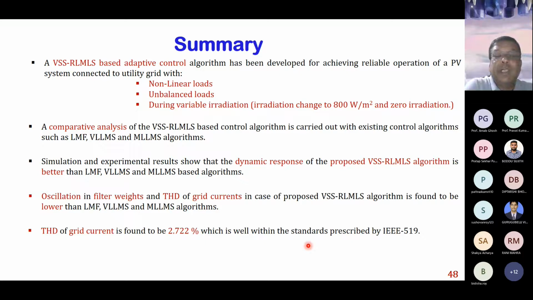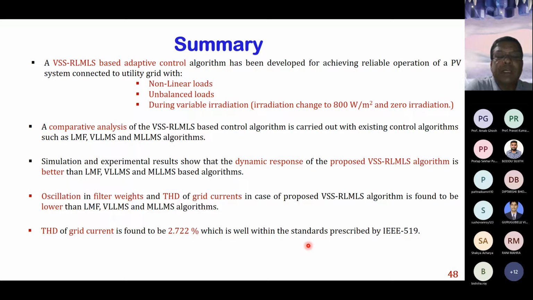And we compare its efficiency with respect to some of the well-known adaptive algorithms like least mean fourth, variable leaky LMS, and modified leaky LMS algorithm. Both the simulation and experimental results show that the dynamic response of the proposed variable step size leaky LMS algorithm is better than the least mean fourth, variable leaky LMS and modified leaky LMS based adaptive control algorithms.